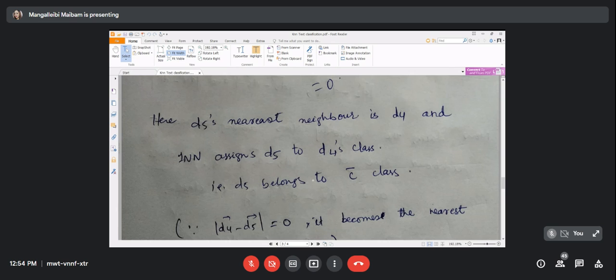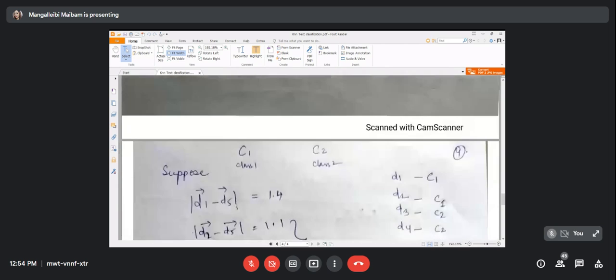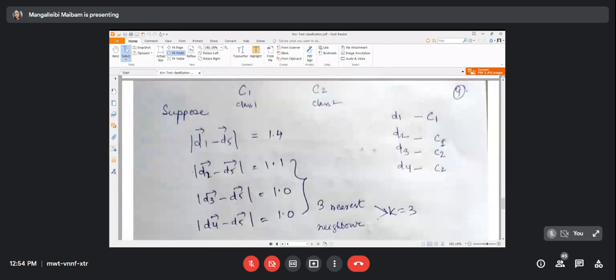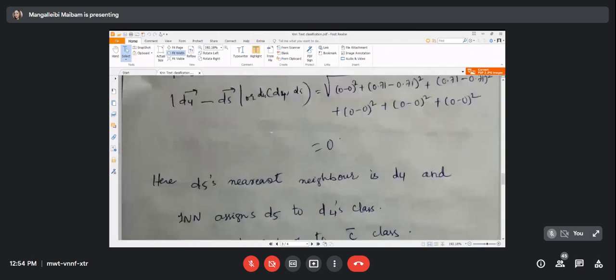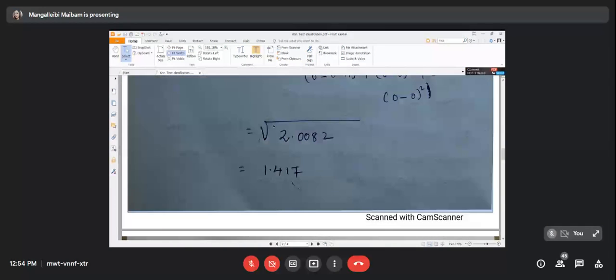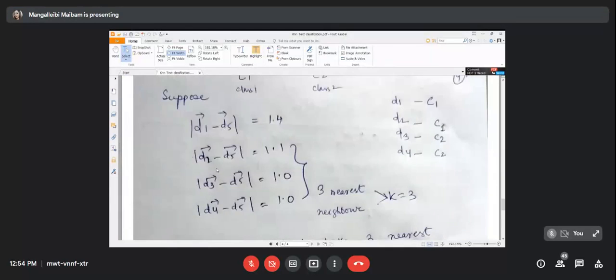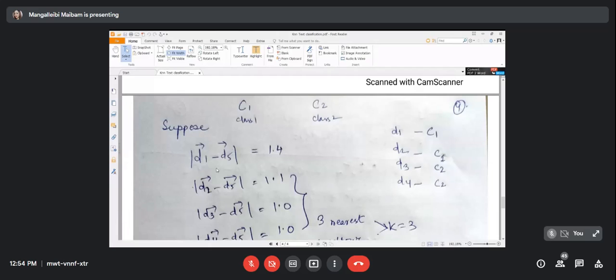But suppose you have k equal to 3. This is an example I have randomly taken, not based on the values of this computation, just to explain k equal to 3.